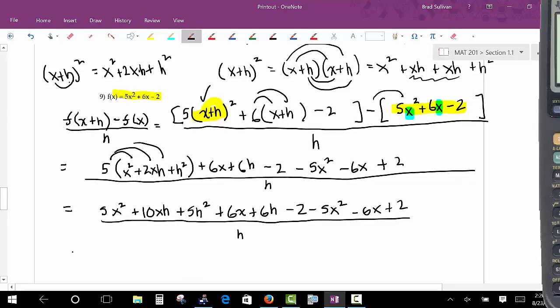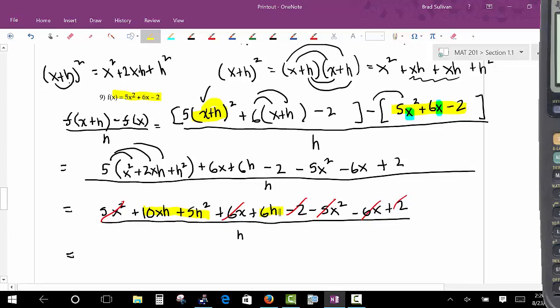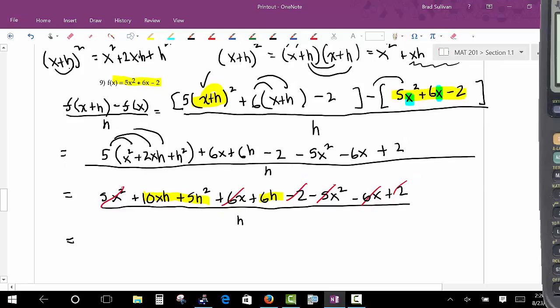Now, what do you notice happening in the numerator? A lot of canceling, isn't there? It happens all the time on these problems. So let's see. 5x squared cancels. What else? 6x. What else? The 2's. Now, what I want to point your attention to is that what's left over has an h in it. That's real critical. And what happens is you can factor that h out of what's left. So right now you've got 10xh plus 5h squared plus 6h.